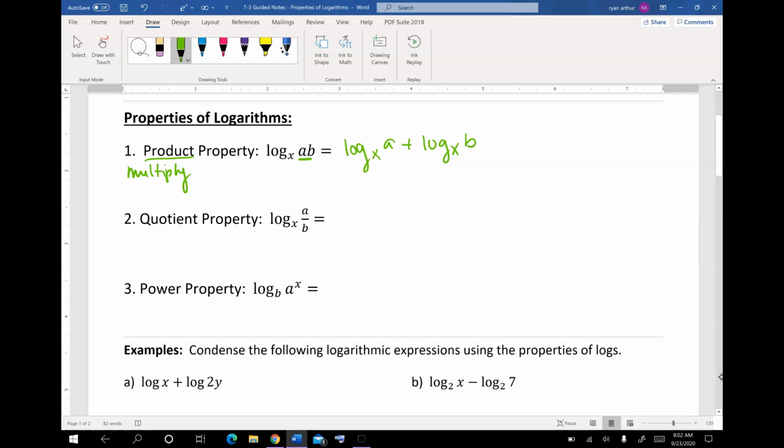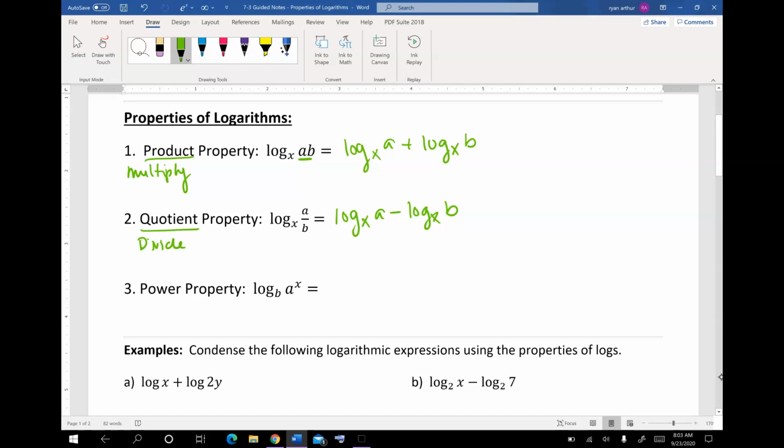All right, quotient property. Quotient means to divide. So this one says if I have a single log where I'm dividing some things, I can rewrite it where I'm subtracting the logs. So I could rewrite this as log base x of a minus log base x of b.